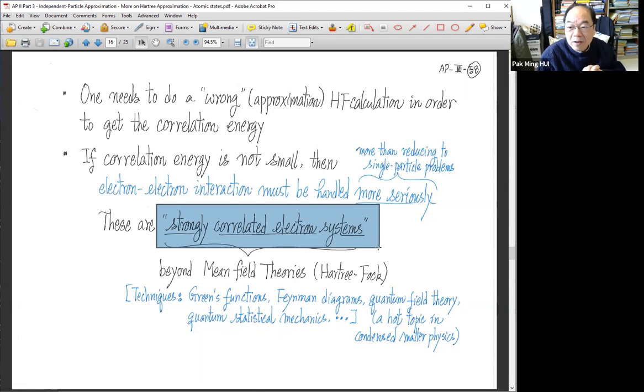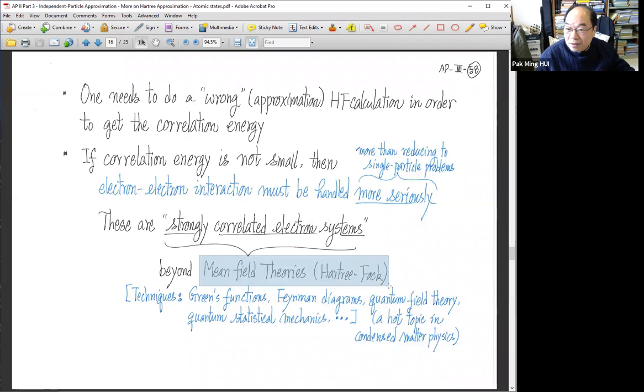For example, the high temperature superconductor, the quantum Hall effect things, and a lot of recent years condensed matter physics system, they are called strongly correlated electron systems. By that we mean our approach is not sufficient. We need to go further.